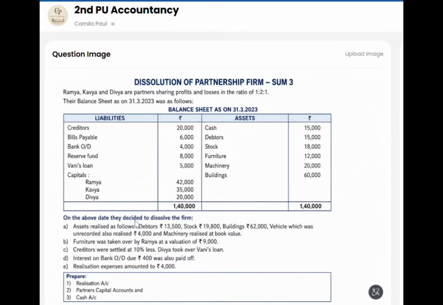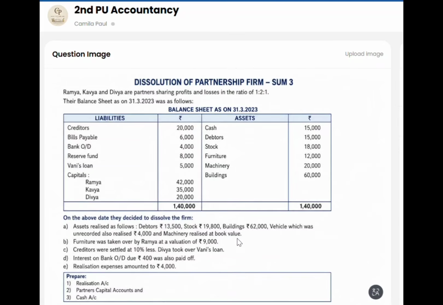On the above date, they decided to dissolve the firm. The first adjustment says how the assets are being realized. The assets realized are as follows: debtors 13,500, stock 19,800, buildings 62,000, and a vehicle which was unrecorded, an unrecorded asset, also realized at rupees 4,000, and machinery is realized at book value.